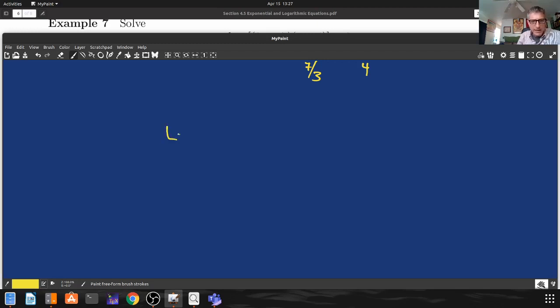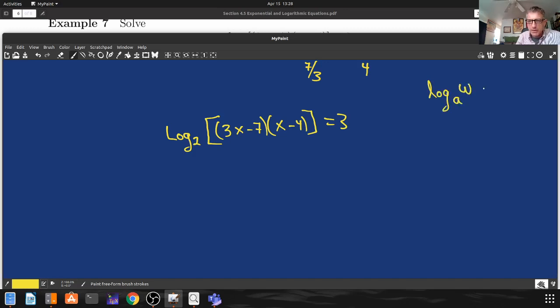So I had log to the base 2 of 3x minus 7 times x minus 4 is equal to 3.